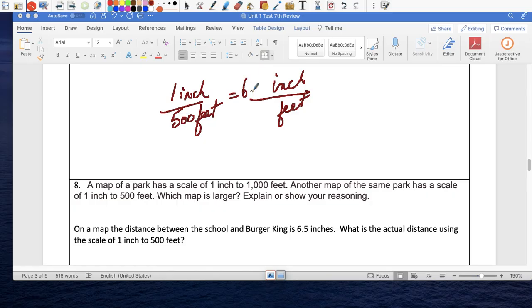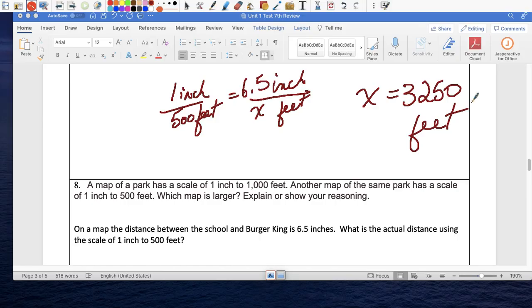Burger King on the map is 6.5 inches away. What's the actual distance in feet in real life? So if you were to go take a walk, cross multiply, we get x, and then 500 times 6.5, 3,250 feet. Okay.